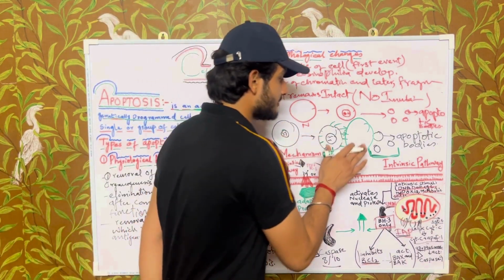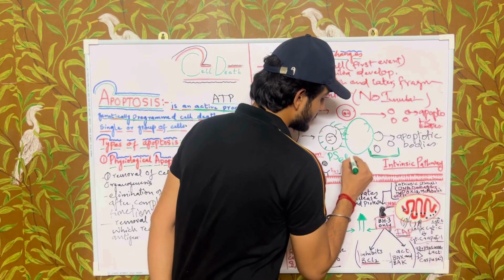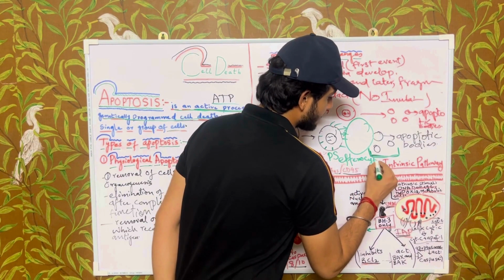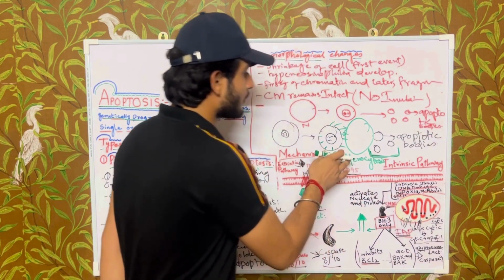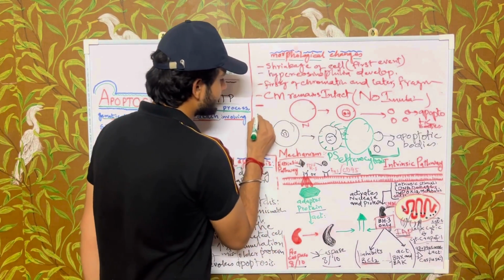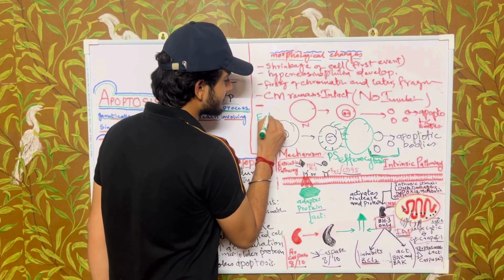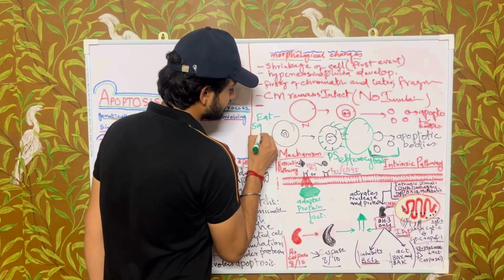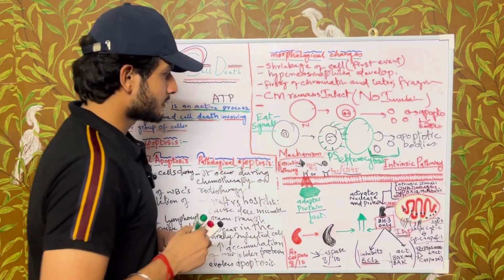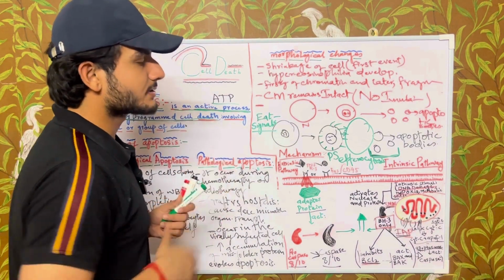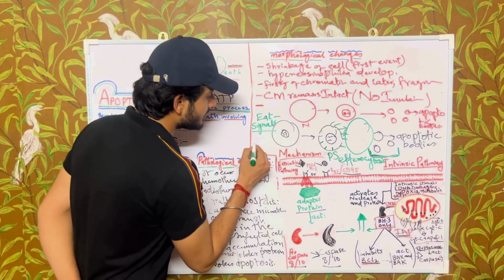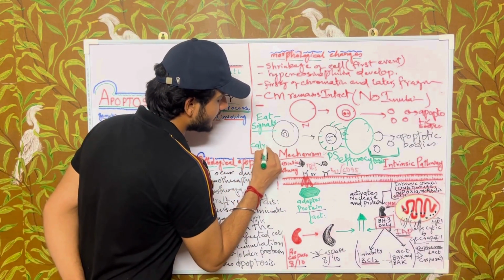So this must be clear to you: the process is known as efferocytosis. The phosphatidylserine acts as an eat-me signal. There are also other compounds which act as eat-me signals, called calreticulin.